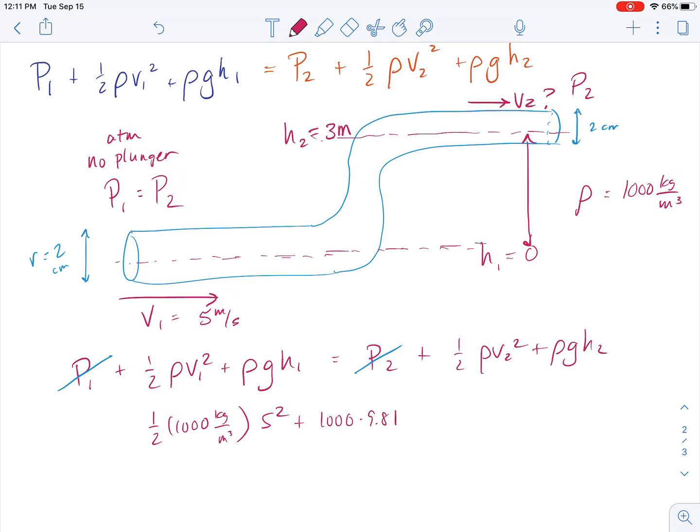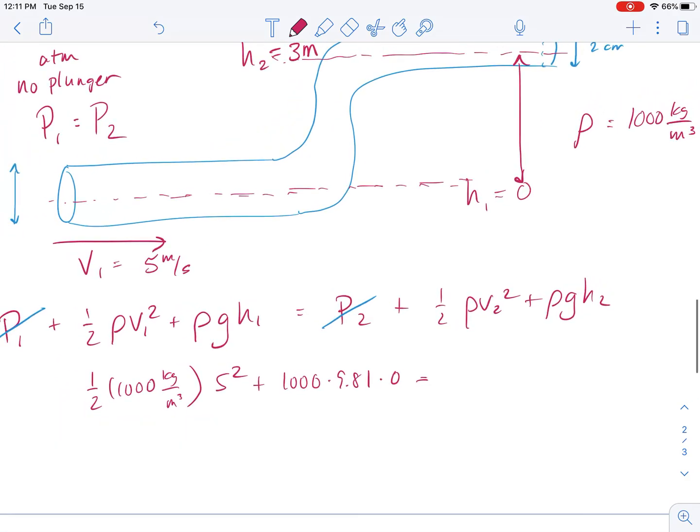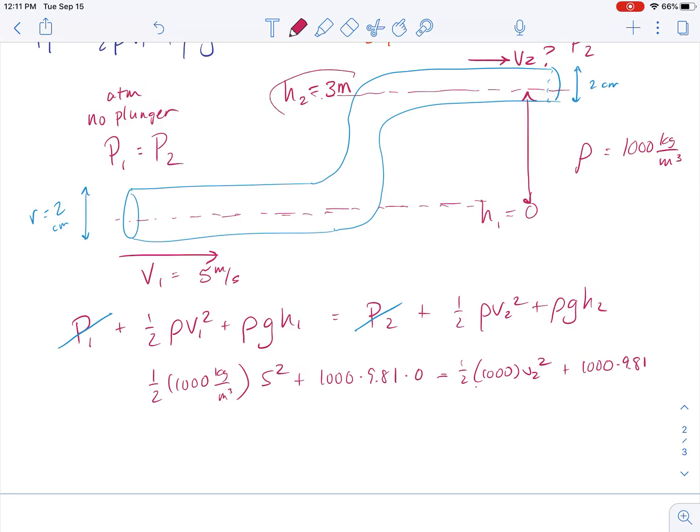Now the height, I'm calling this bottom height 0. Remember, you can choose your own reference frame in physics. And then on the right-hand side, that's going to equal 1/2 times 1,000 times the second velocity, that's what I'm looking for, plus 1,000 times 9.81 times the height. And the height, this change in height, looks like it's 3 meters.